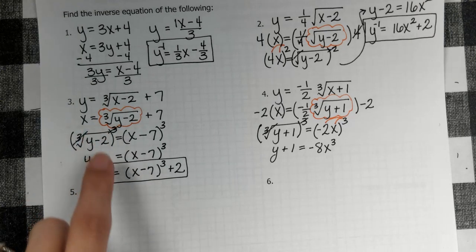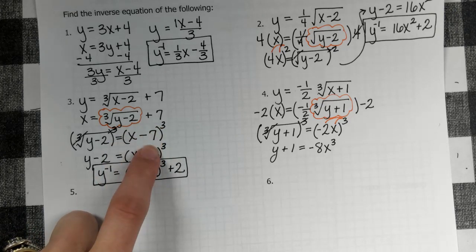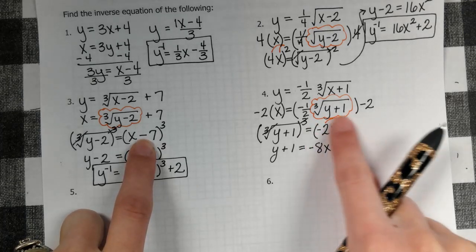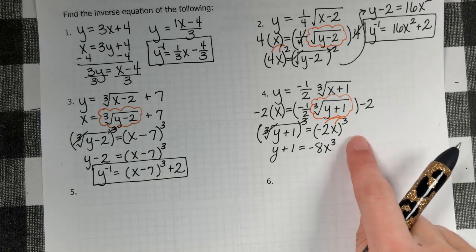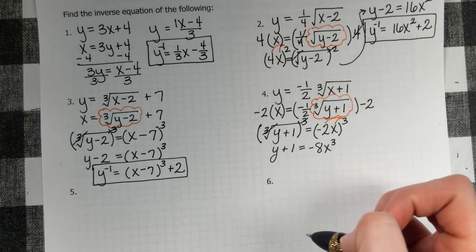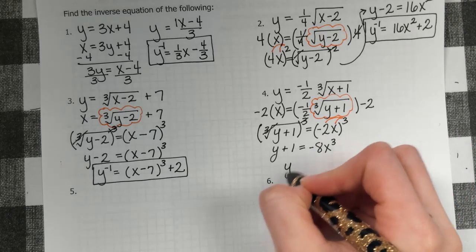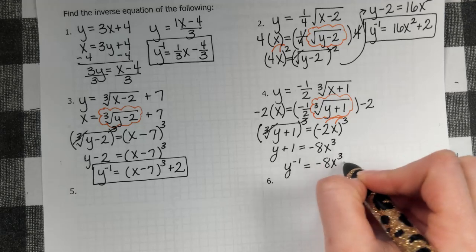See how here we just had x minus 7 cubed, we didn't distribute that cube to it? That's because there is a plus or minus in the middle of these two terms. When they are just multiplied, this is like what we did in the first part of chapter 6 with our properties of exponents. There's a difference there. So then my last step would be to do what? Subtract your 1. So the inverse of y is equal to negative 8x cubed minus 1.